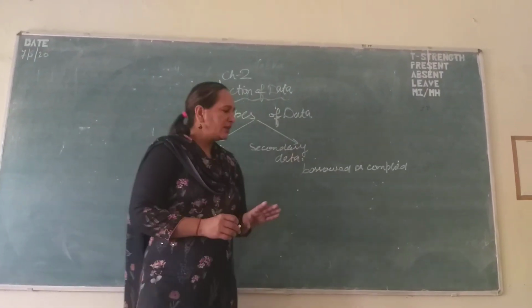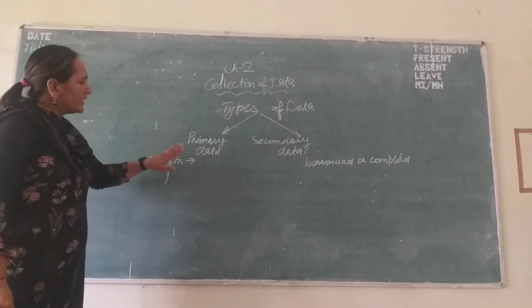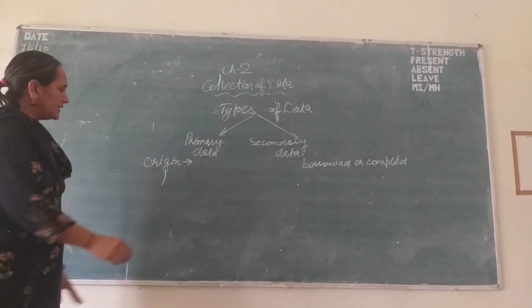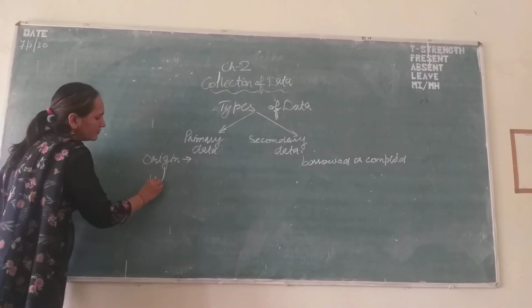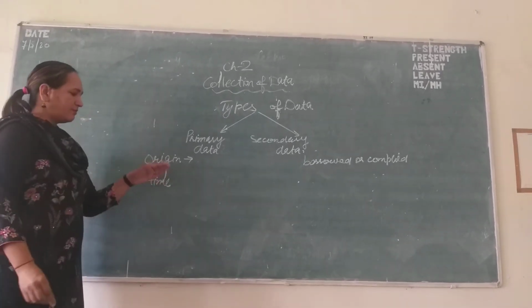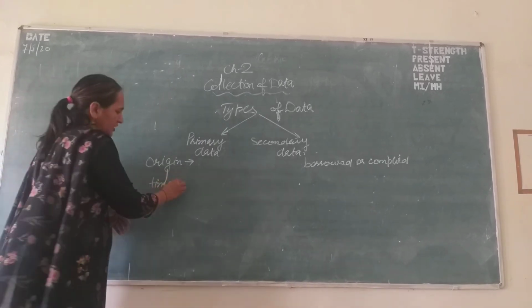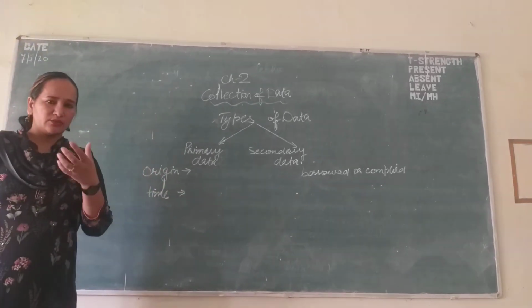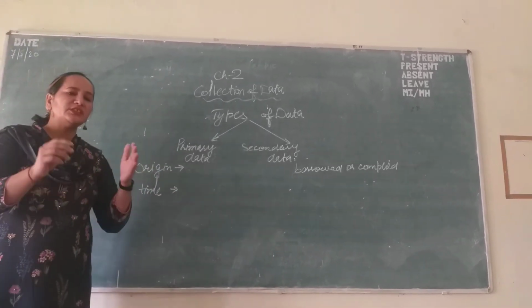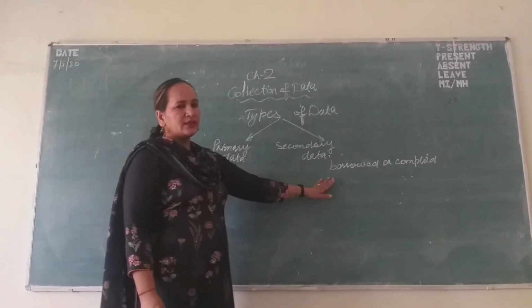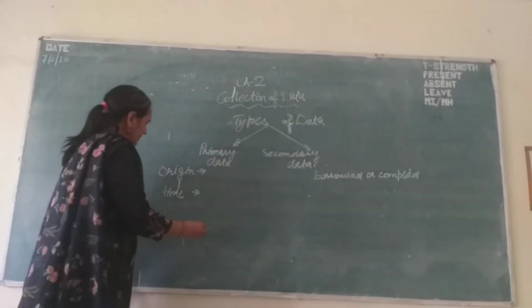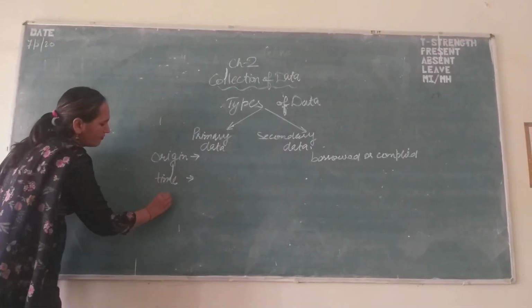Clear students? Collection of primary data needs more time, because if I visit house to house in Daksha and inquire about the literacy level from each and every family, it needs a lot of time. Secondary data needs less time. It's also costly in terms of efforts.